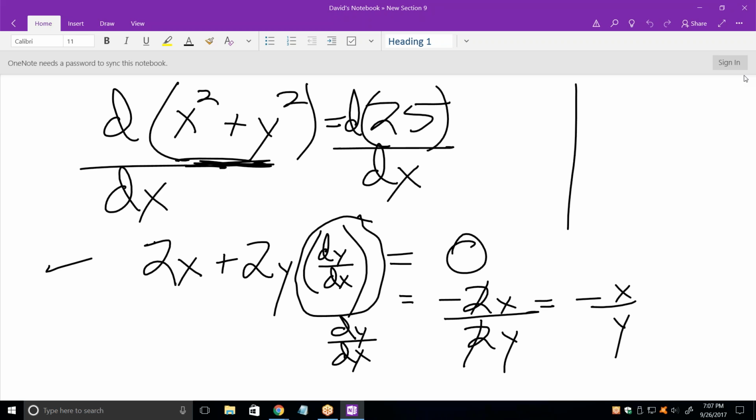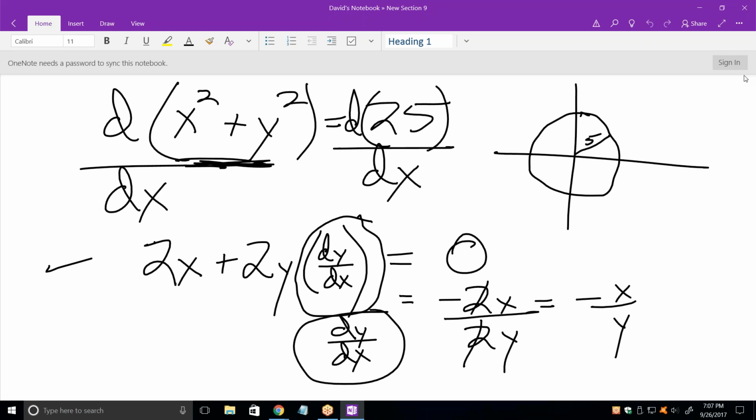Now, we are looking at a circle of radius 5, right? That's what that is the equation of. And what we're saying is that the slope is a function of both x and y. So if I said to you, what is the slope at this point right there, which is 0, 5, tell me what it is.